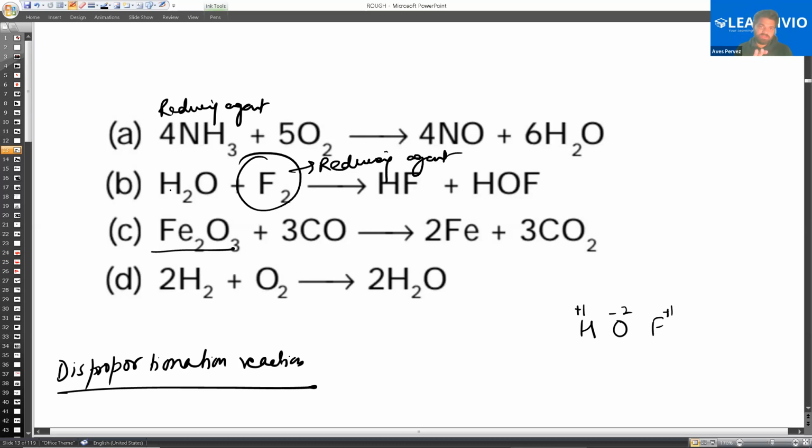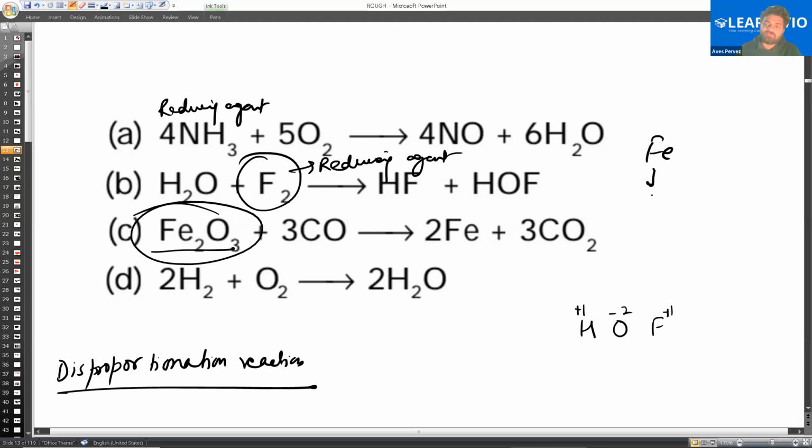Okay, got it? So this one is +2. What is the oxidation state of iron here? Can you guess? Ferric oxide, right? What is the oxidation state of iron in this ferric oxide? The charge of iron कितना होगा? बहुत ही सिंपल है.